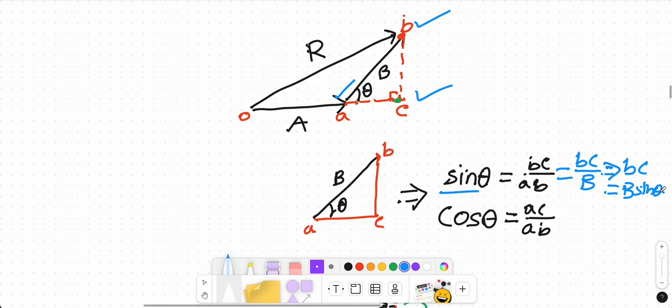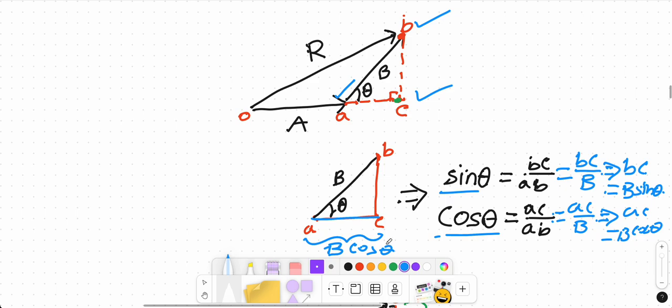Similarly, cos theta is equal to AC by AB. As you know, AB is equal to B, that implies that AC is equal to B cos theta. So here AC is B cos theta and BC is B sin theta.